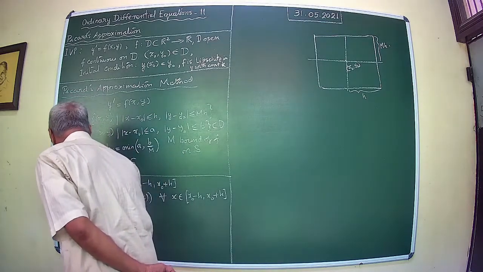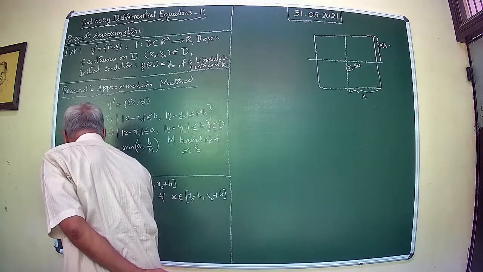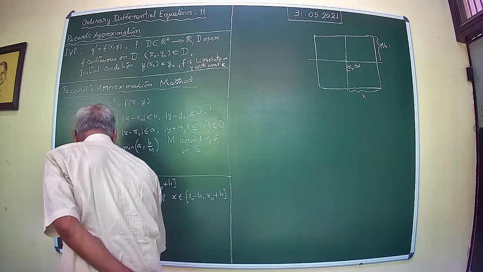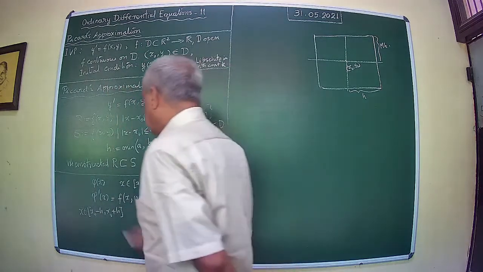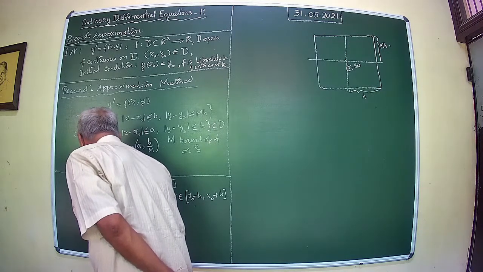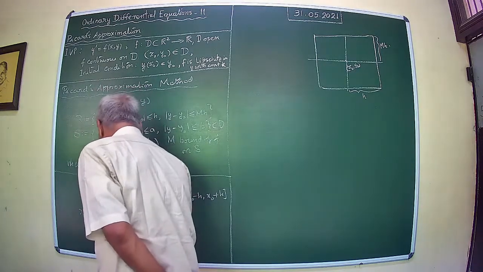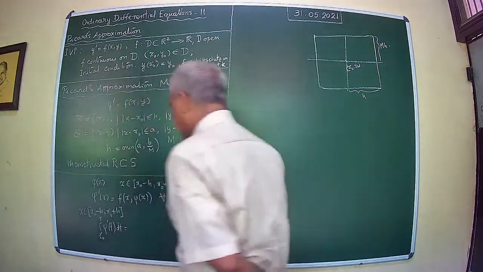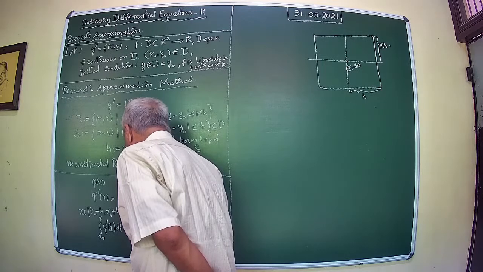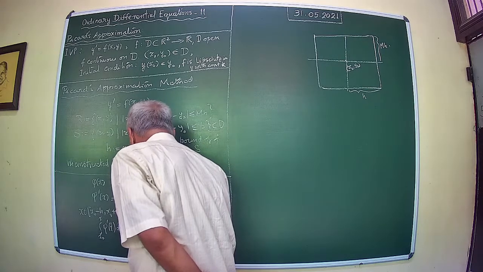Therefore, I can write, suppose x belongs to the interval x0 minus h, x0 plus h, then the integral from x0 to x of phi dash t, where I introduce the dummy variable t to integrate, is equal to the integral from x0 to x of f of t, phi t dt.